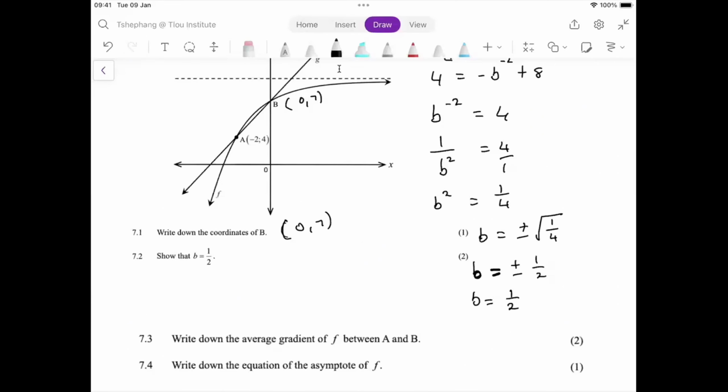So to find that average gradient, we're simply going to say 7 minus 4, which gives us 3, over 0 minus minus 2, which is positive 2. And we get our 2 marks for that.